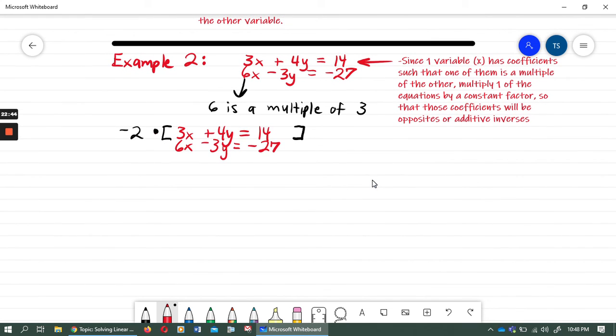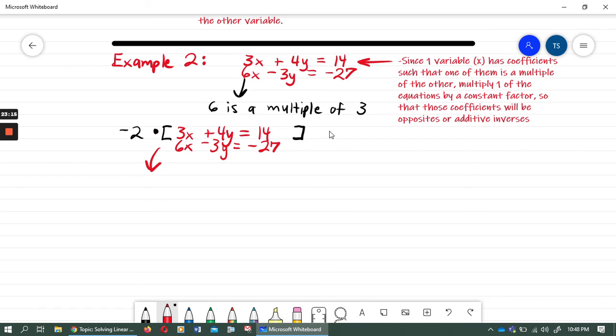Alright, so guys, I'm just going to rewrite this whole thing over again, so I'm showing you exactly what we're doing. We're multiplying this first equation times -2, and we're going to see exactly what this looks like after we multiply. If we multiply the entire first equation times -2, you need to distribute this -2 to every term on both sides of the equation.